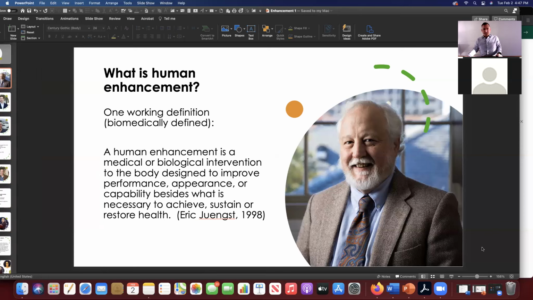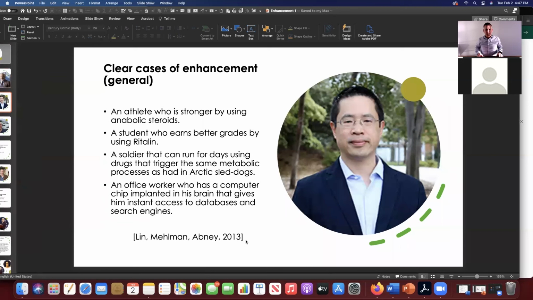So you might think that when we talk about human enhancement, that's improvement that goes above and beyond what's necessary to achieve, sustain, or restore health. And then therapy is improvement to achieve, sustain, or restore health. So they're both kinds of improvements, okay? Enhancement and therapy.